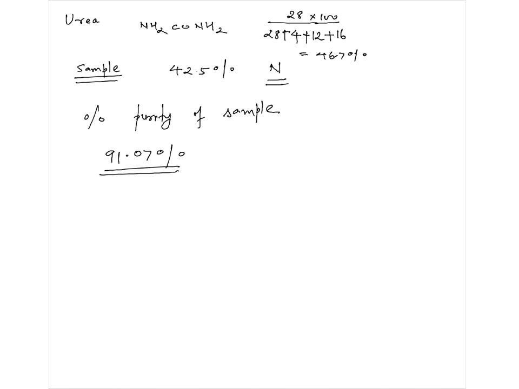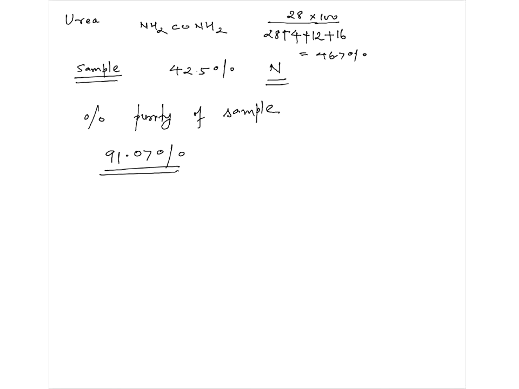That's a fixed number. Nitrogen percentage in urea is a fixed number, no matter in which country you get it, no matter how you prepare urea. Everywhere it has to be that only. And when you calculate it, it should come out to be around 46.7%.